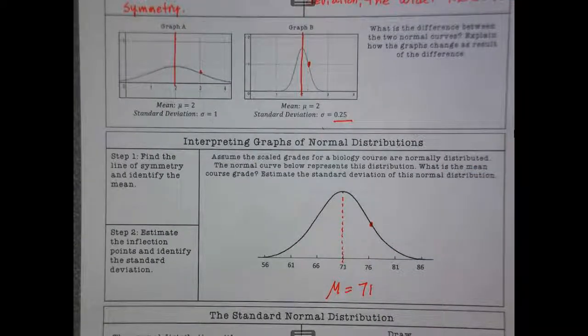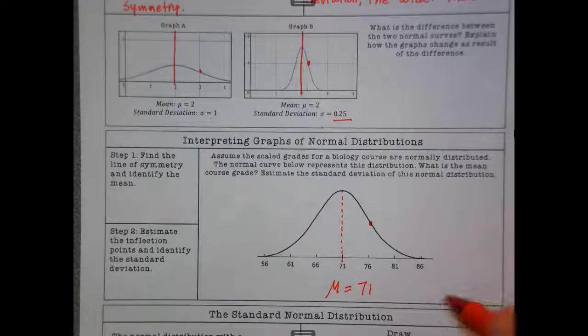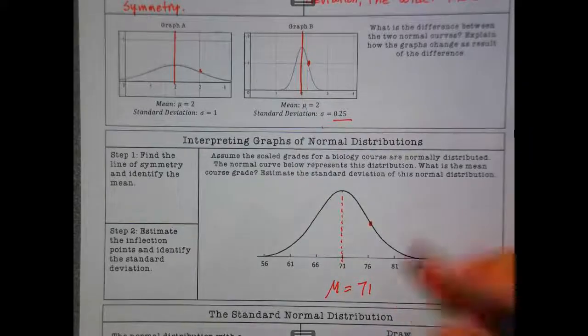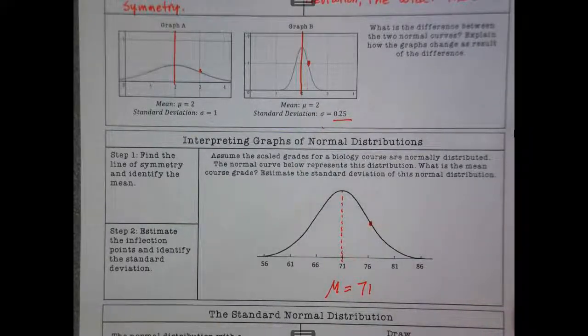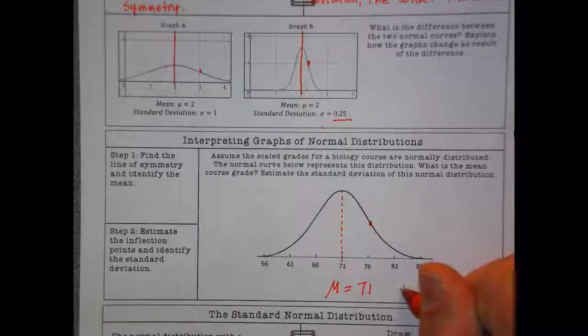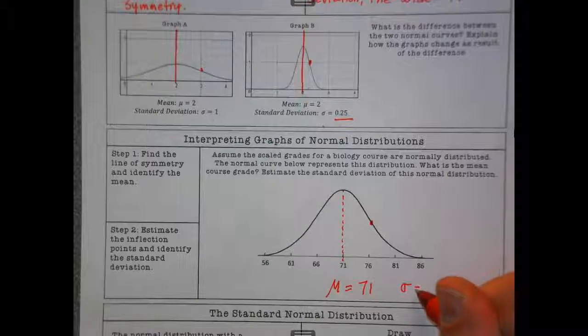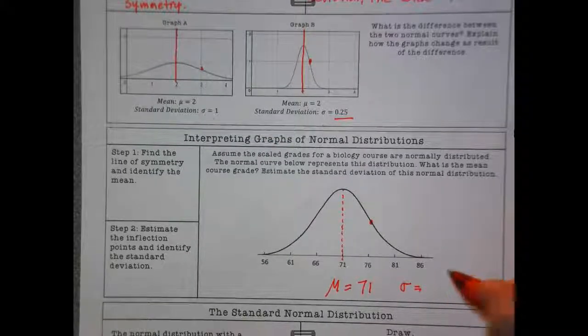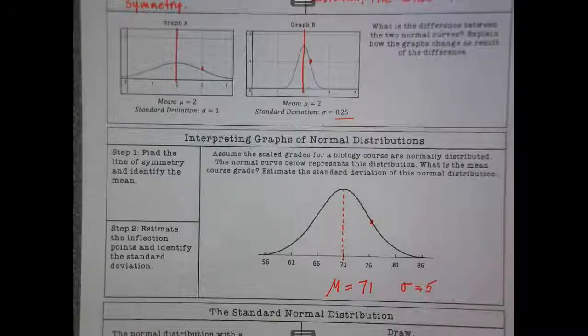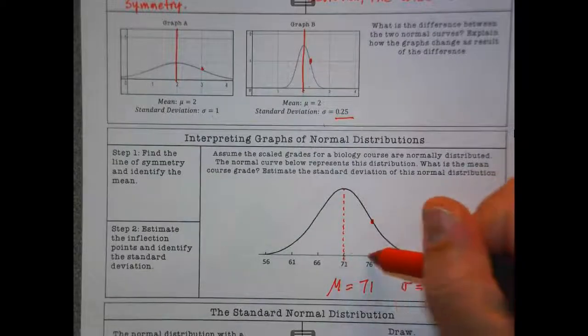So what's our first standard deviation here? 76, which is how many units from 71? 5. So our standard deviation, which we're using, I forgot what that letter's called in Greek. Standard deviation is 5. 5 units from 71.